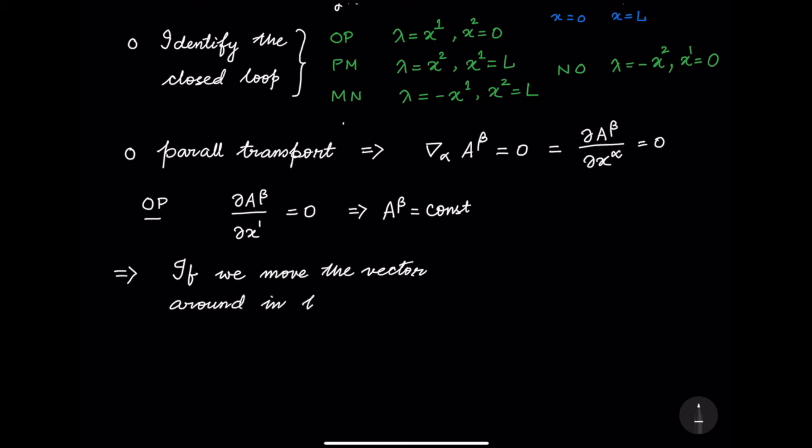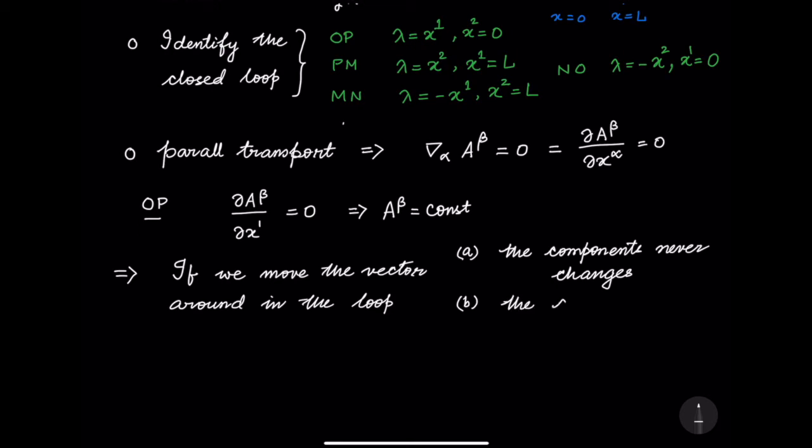So in this particular case, we come to the conclusion A, that if we move a vector around in the closed loop, the vector never changes, the components never change. And B then becomes a corollary of A: the closed loop difference, which is the difference of the vector after it goes around a closed loop, is zero.